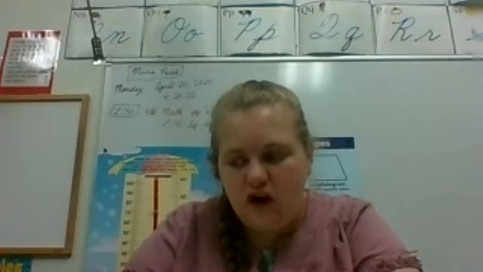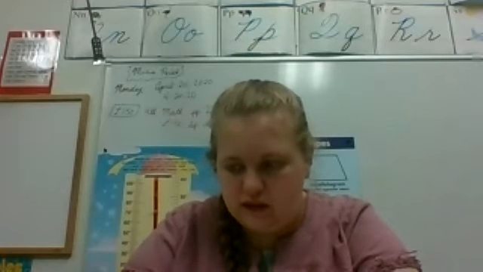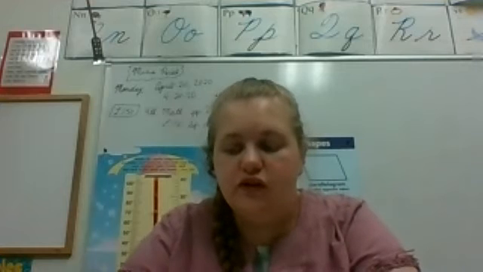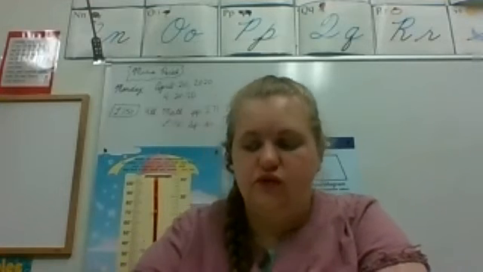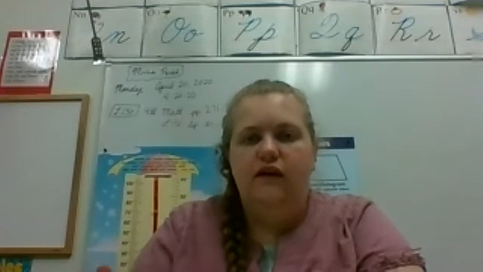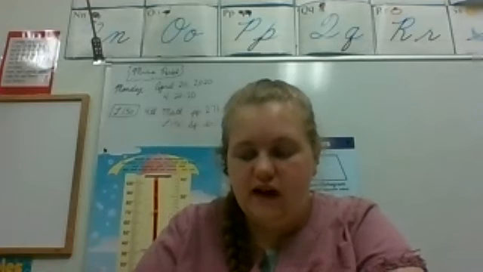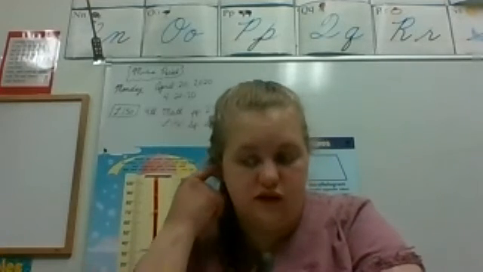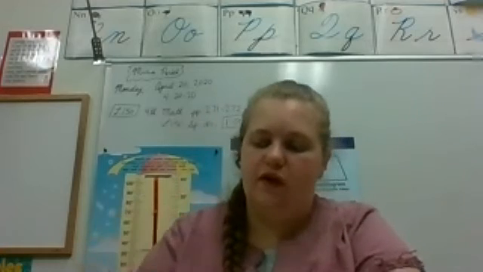7 and 8 are not very long. 7 only has 2 problems, so I want you to do both of those. You're circling the hottest temperature in each row, so you have Celsius and Fahrenheit in there, and I want you to see which one would be the hottest.